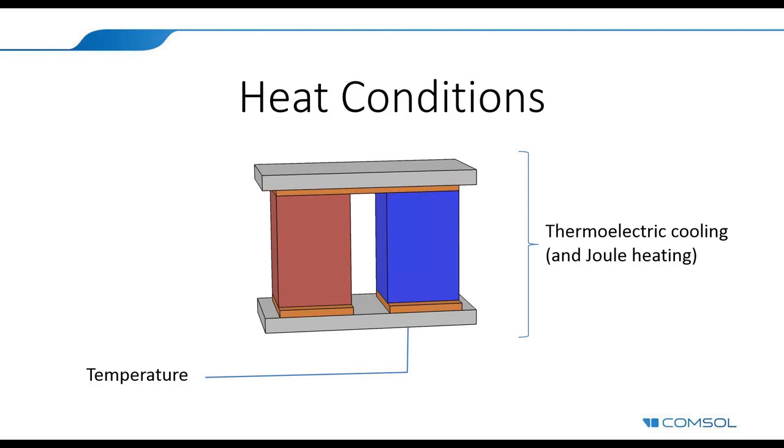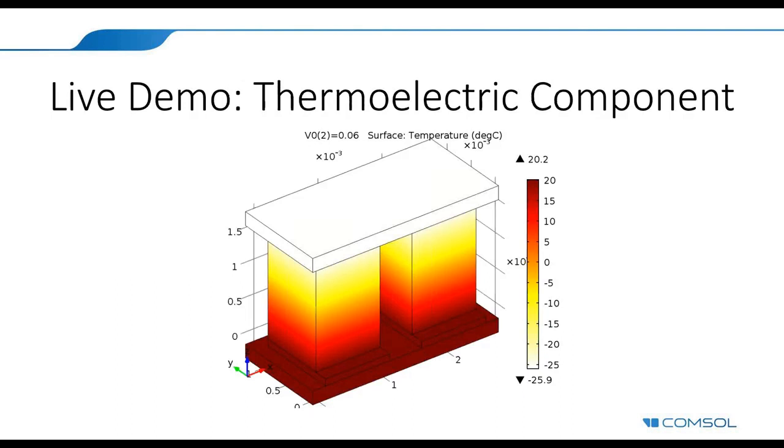So a typical output will be a temperature graph where, depending on the direction of the current or the potential we set here, we'll get either a heating or cooling effect.